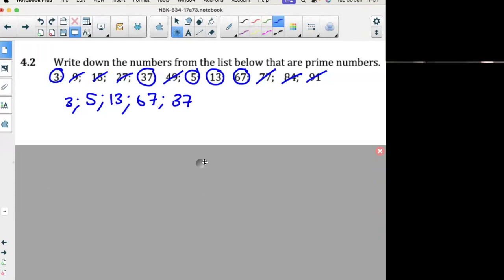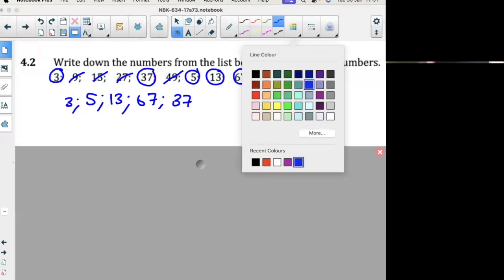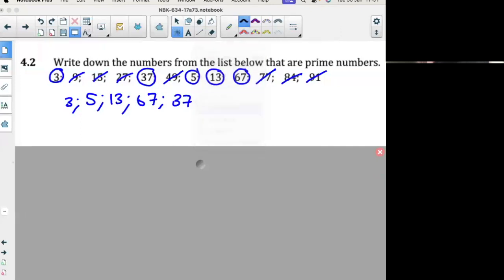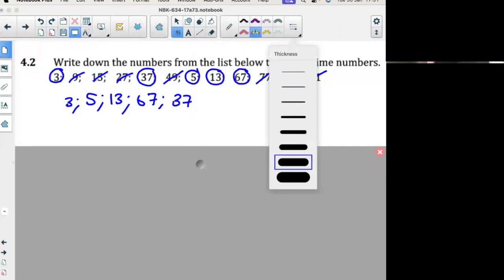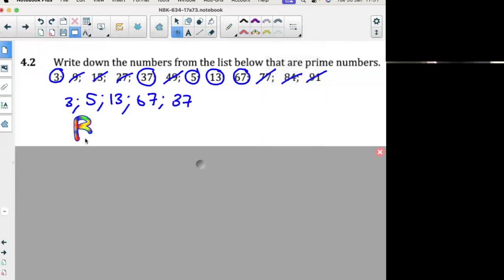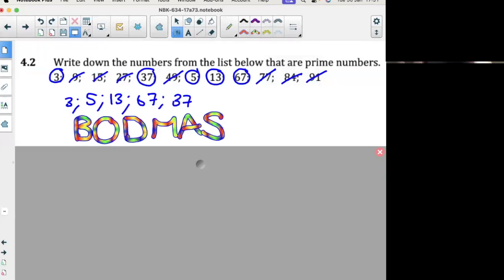I want to remind you about this special little word before we move on to this next section. It is BODMAS. Who wants to tell me what BODMAS means?